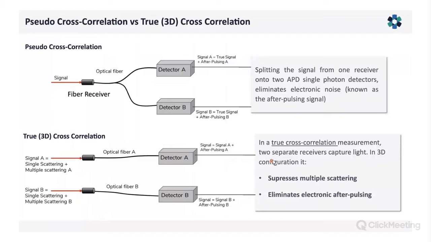This true cross-correlation both suppresses multiple scattering and eliminates electronic noise or electronic afterpulsing. So this is important: the first one only suppresses the detector noise and has nothing to do with multiple scattering. The second realization that we propose suppresses both multiple scattering and eliminates detector noise.